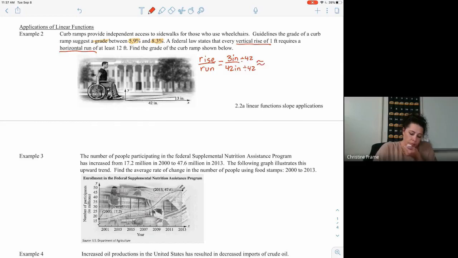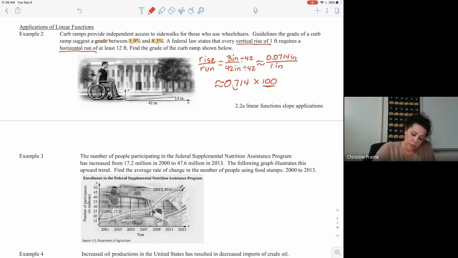So we're getting 0.0714 inches in rise for every 1 inch in run. So that's approximately 0.0714. And what we're going to do is change that to a percent, multiplying it per 100.